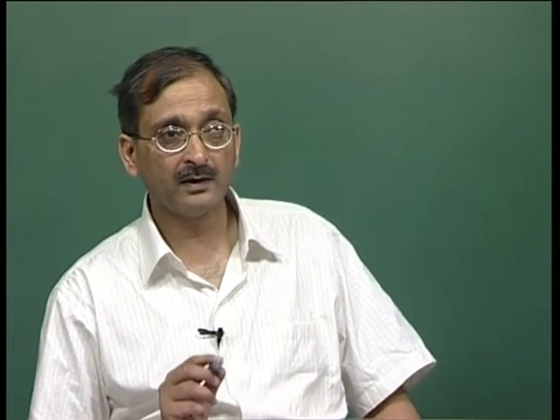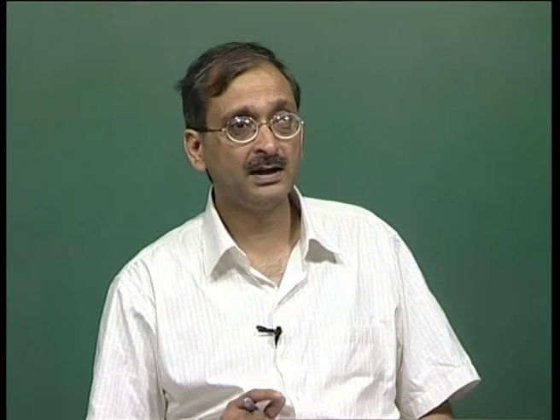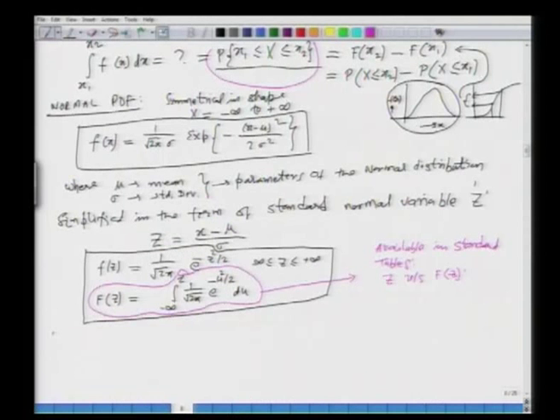We will not be able to do much as far as accuracy is concerned, and it is more laborious also. So, some people have tried to approximate the cumulative distribution function values given the value of z for a particular normal distribution. So, what we are going to do next is look at the approximation of this capital F of z, or the normal CDF. So, let us look at that.